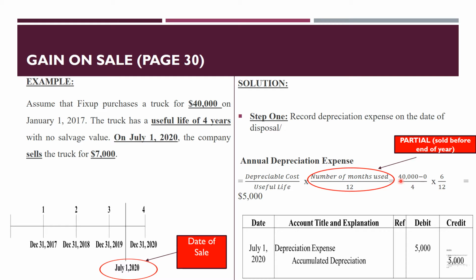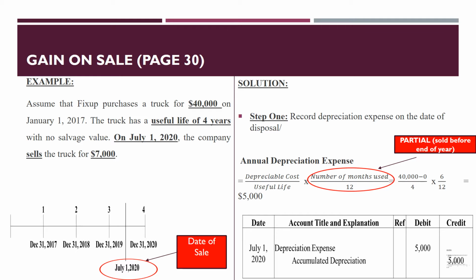So we have 40,000 minus 0 over 4 times 6 over 12. Why 6? It's from January 1, 2020 till July 1, 2020. We have 6 months used during the year 2020, and thus we have a result of $5,000. So it's debited to depreciation expense and credited to accumulated depreciation.